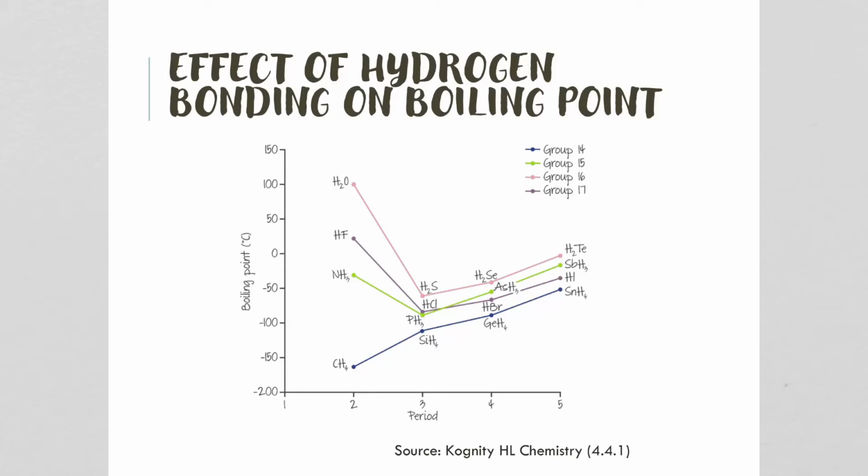So it traces the group 14, group 15, 16, 17 compounds, across period 3, or across the periods and so on. So this is group 14, so we have carbon, then silicon, then germanium, and then tin.